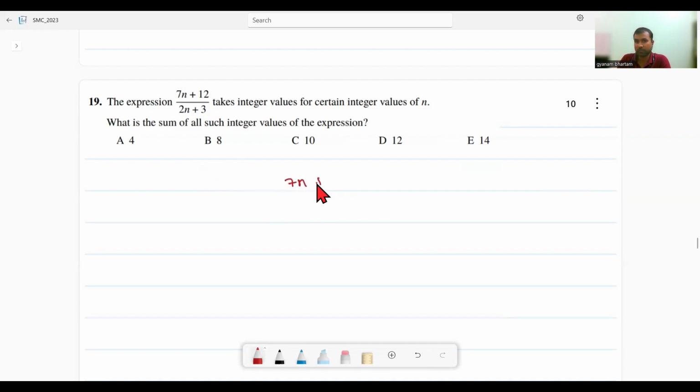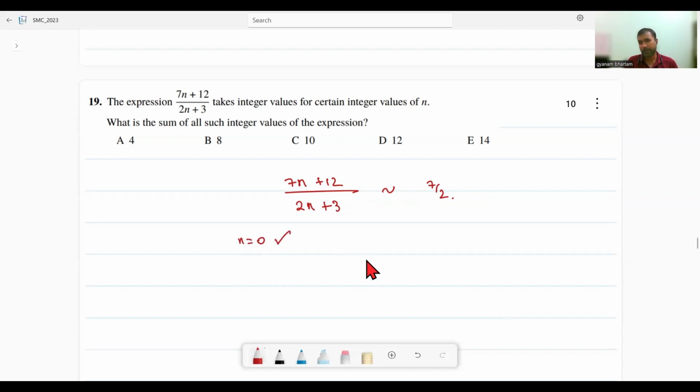If you observe 7n plus 12 over 2n plus 3, as n increases the value will approximate around 7 by 2. Even if n is negative or positive, it approximates towards 7 by 2. How many such integers can we have? n equal to 0 will work.